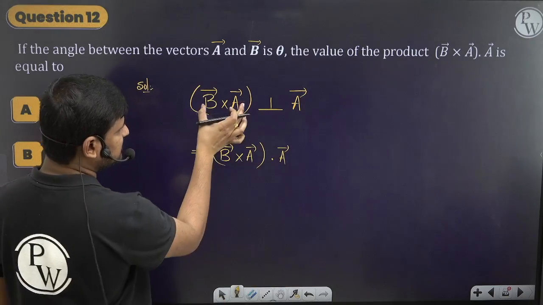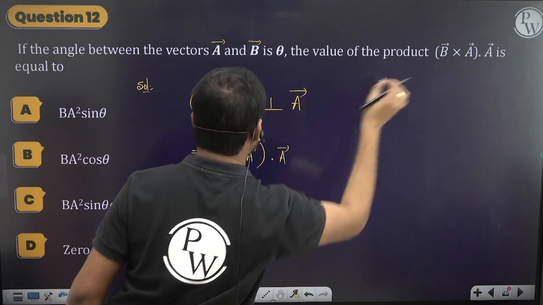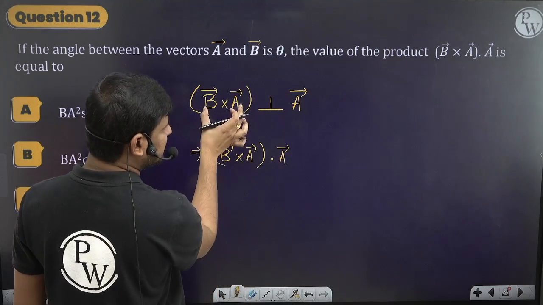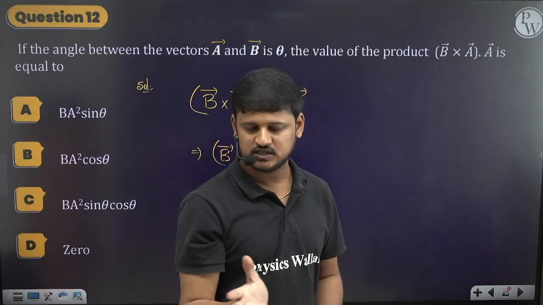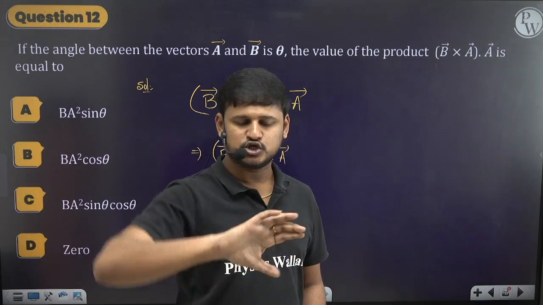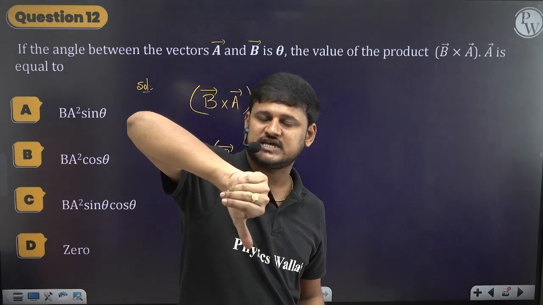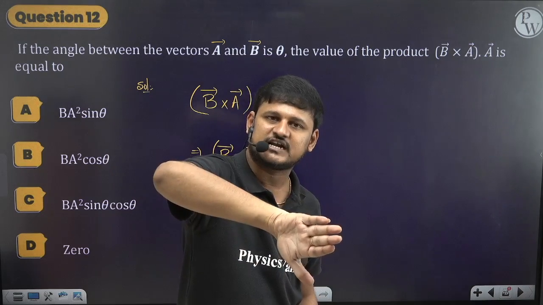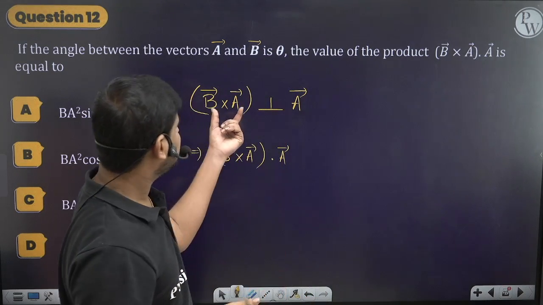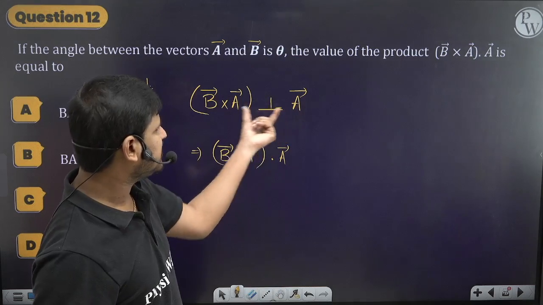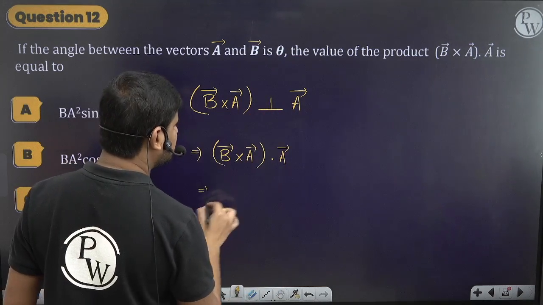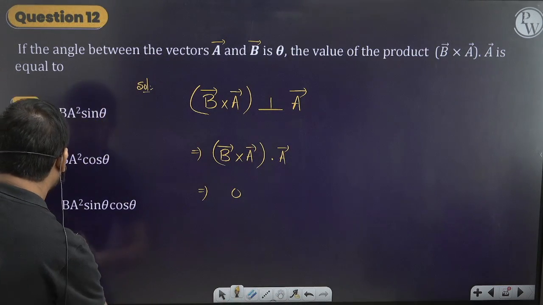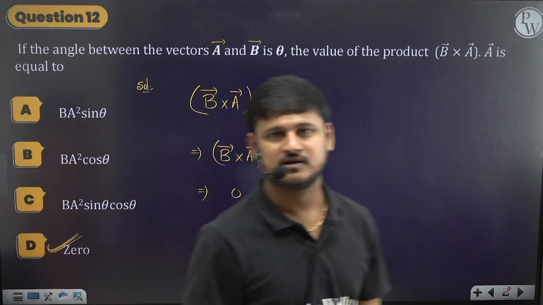This is vector A, this is vector B. You are finding B cross A, and this resultant is perpendicular to vector B and vector A. So the dot product must be 0. If they are perpendicular, obviously option D is the correct one. Clear?